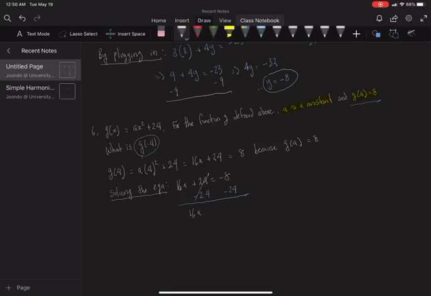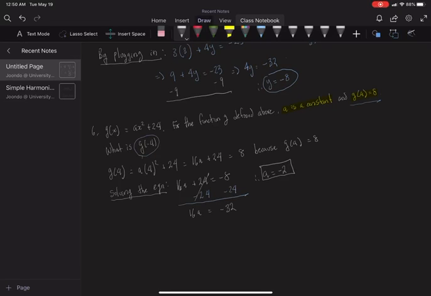We get 8 minus 24, which is negative 16... so a is what? Minus 2, right?